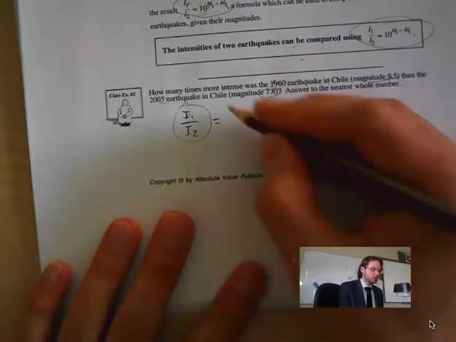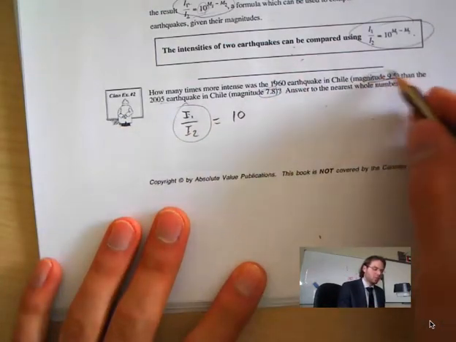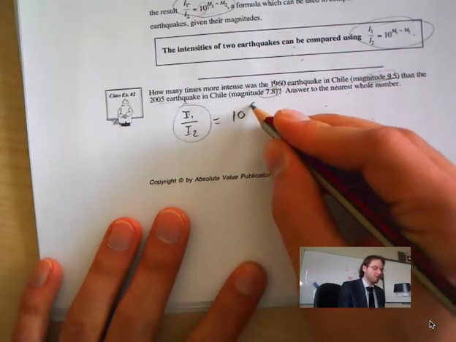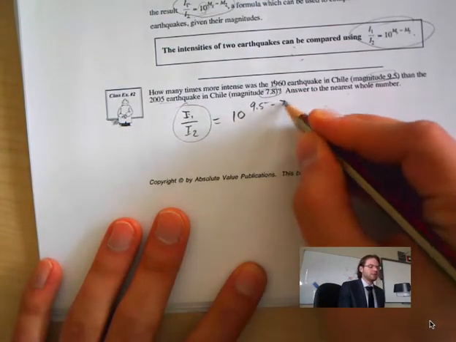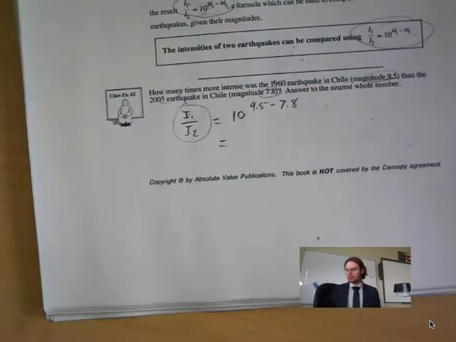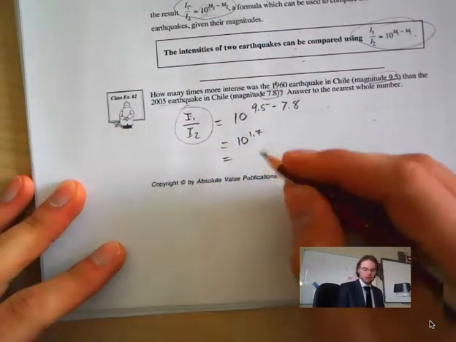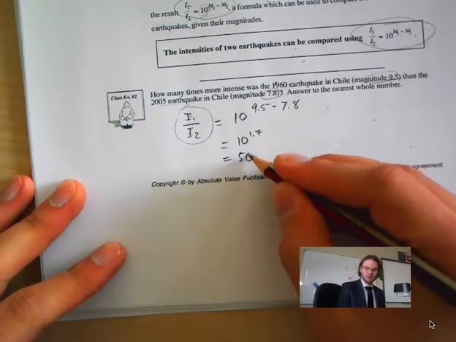Is equal to 10 to the power of, well, number 1 is Chile. So we have 9.5 subtract 7.8. Okay? I put that in my calculator, and I am going to end up getting 10 to the 1.7, which is equal to 50.11.